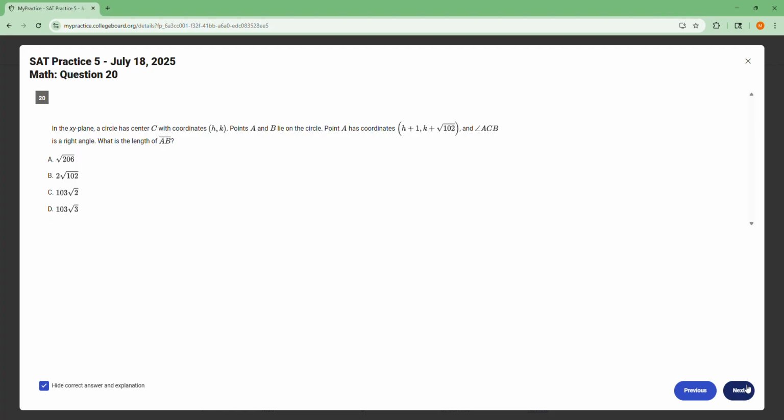So mostly up a tiny bit right, is that what you mean? So then here is point A, which is at h plus 1, comma, k plus rad 102.